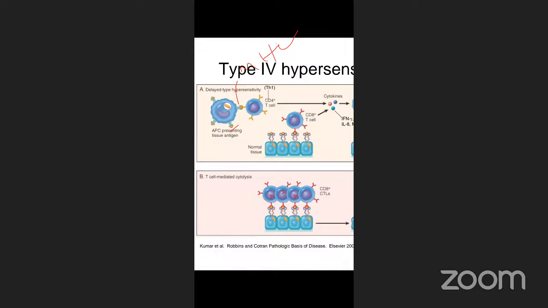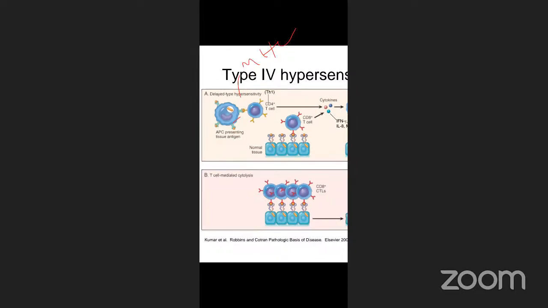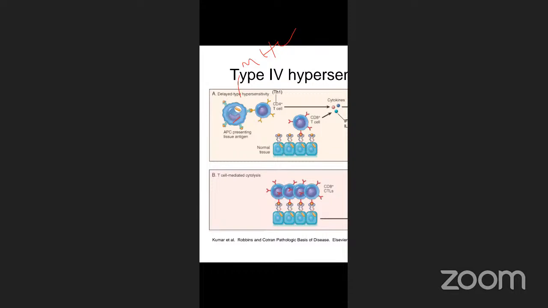Whenever the antigen presenting cell presents the antigen to the TH cell, this is the first signal. The communication between the MHC molecule and the CD receptor is the first signal, and this communication sensitizes the TH cell.